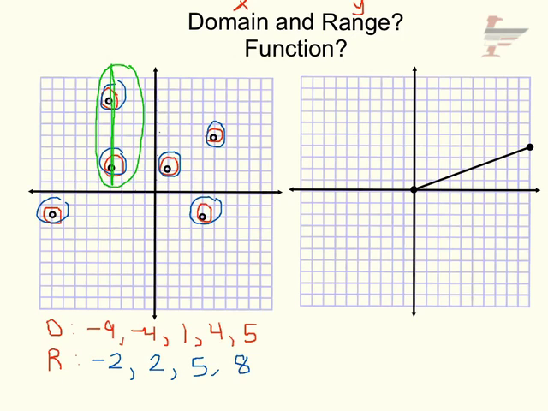So no, it's not a function. Or you can look at the input value of -4, which has output values of both 2 and 8, and that can't happen if it's going to be a function.